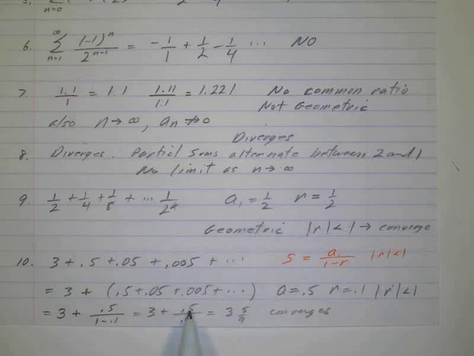So 0.5 divided by 1 minus 1/10, which is 0.5 divided by 0.9, which is just 5/9. That's the sum of this geometric series, 5/9, and then I add 3. So it does converge to that value. That's the sum, 3 and 5/9. Okay? So hopefully that helps on those.